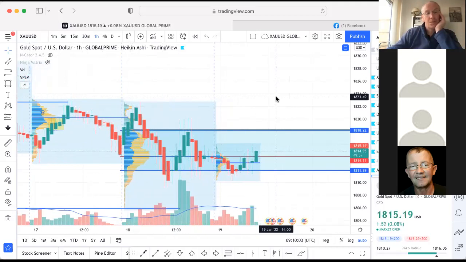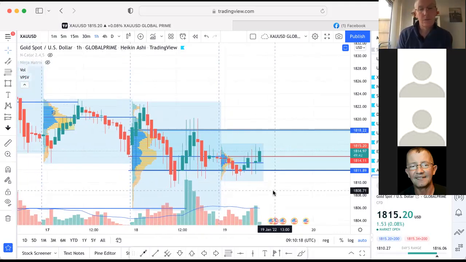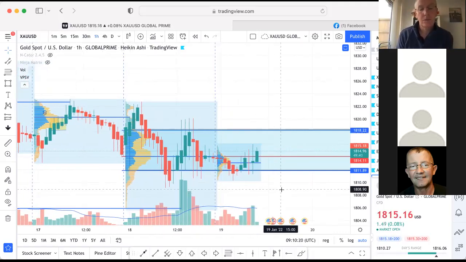I don't sit watching the charts all day, but if I get an alert on my phone, I can take a look at the charts on my phone, and I would look for, if I was thinking about setting a sell stop, say down at 1808, for instance, as an example.